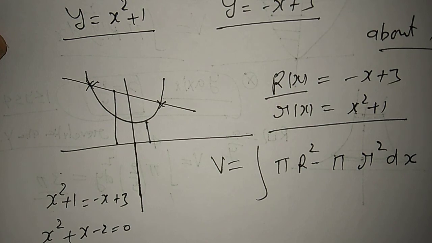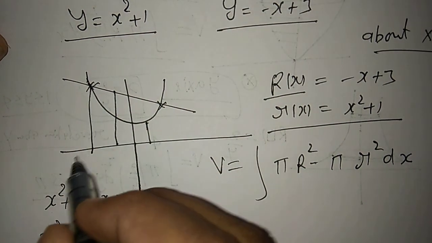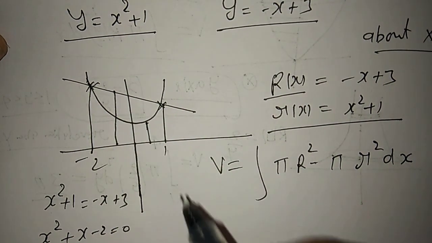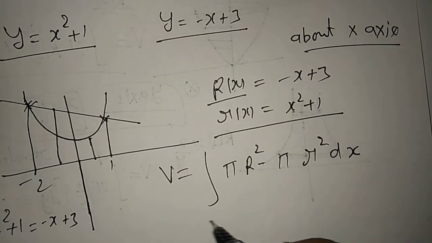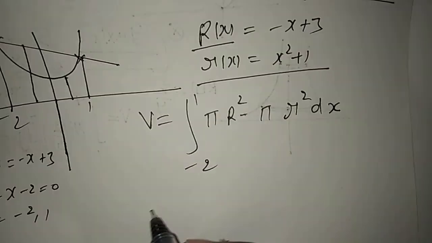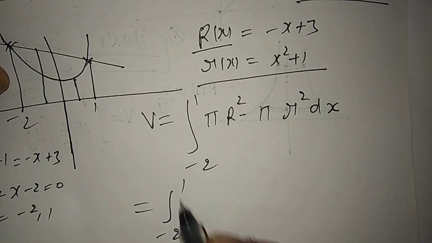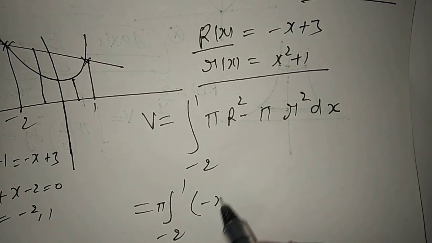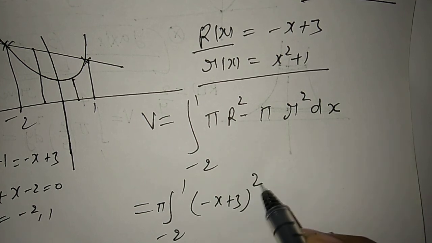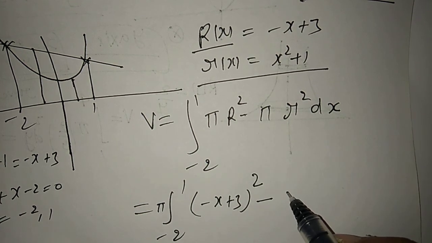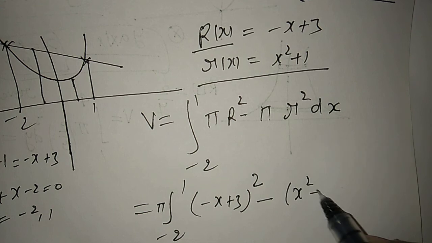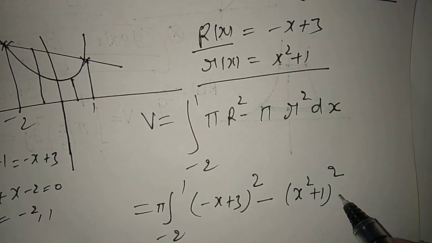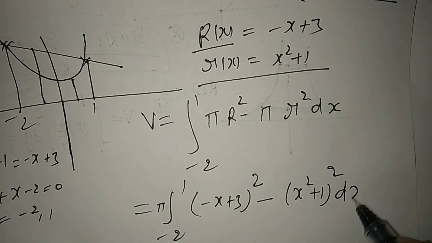So x equals minus 2 and 1. So your x range will be minus 2 to 1. Pi we can take common, and R square means minus x plus 3 whole square minus x square plus 1 whole square, dx.